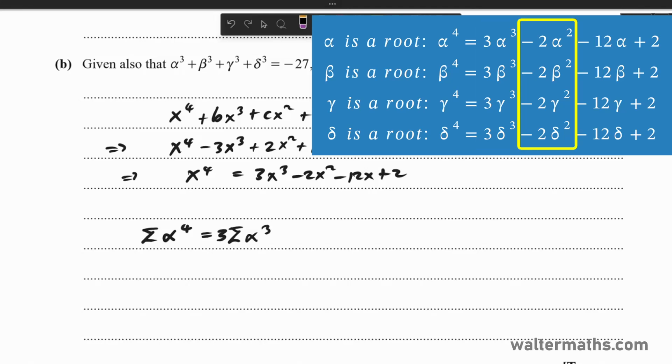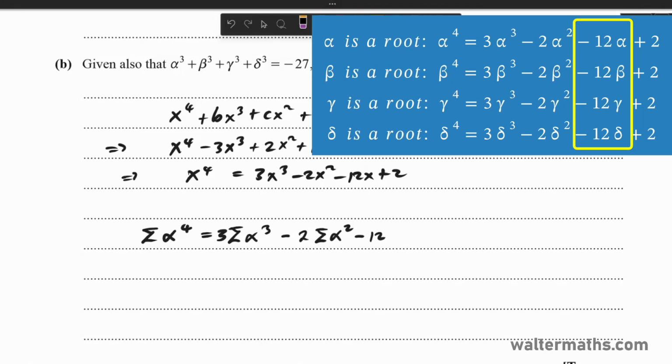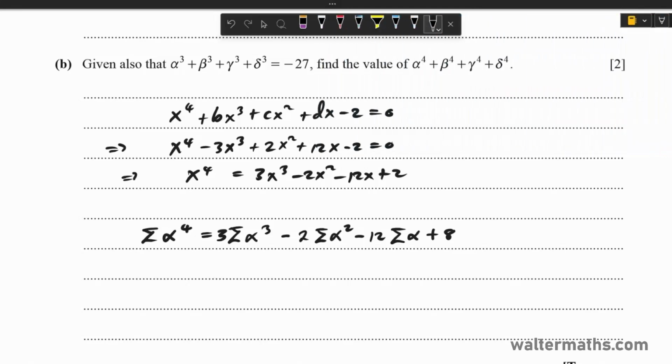And here, we will get 2 times the sum of terms of the form alpha squared. And adding up these is minus 12 of the sum of the roots. And adding up these, we get 2 times 4, which is 8. So this is what we get.